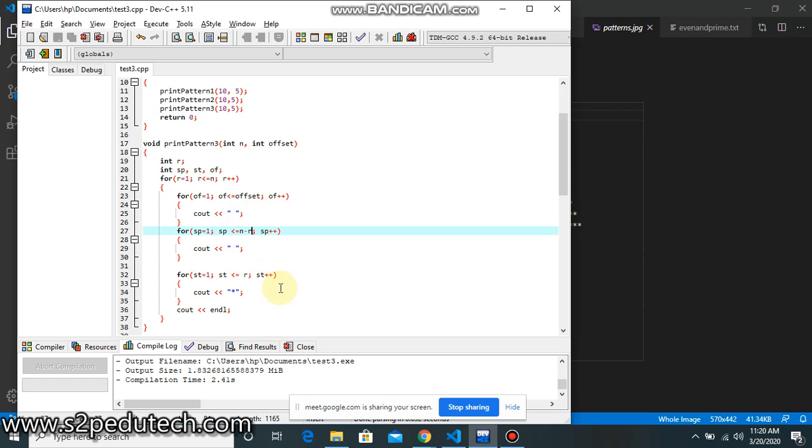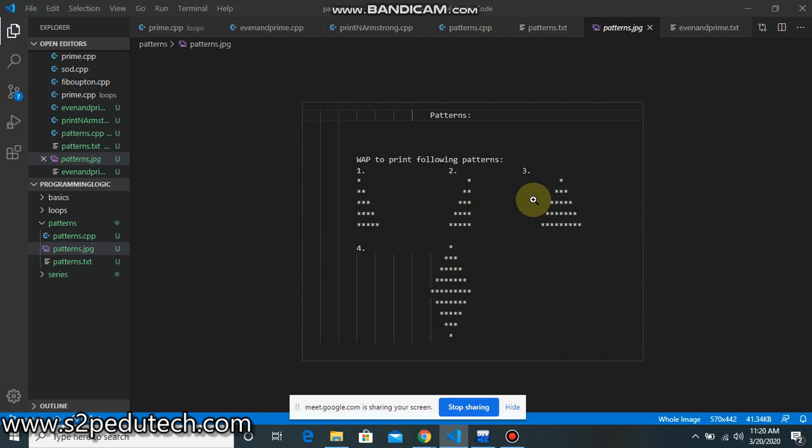But along with that, what is changing is the number of stars in each row. So the first row has 1 star, the second row has 3 stars, the third row has 5 stars. So if you write the condition as 2 into r minus 1, I guess this would work. For the first row it would be 2 minus 1, that is 1, second row 4 minus 1, third row 6 minus 1, fourth row 8 minus 1, fifth row 10 minus 1.